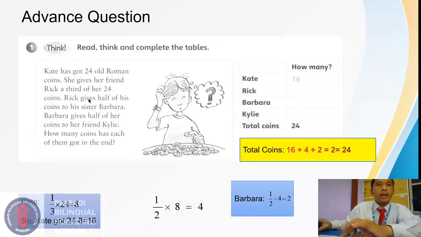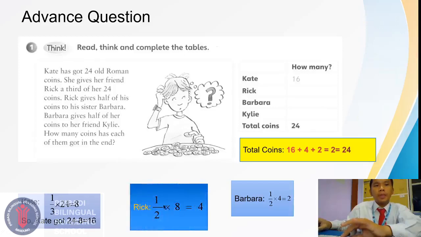Kate gives 8 coins to Rick, but Rick gives half of his coins to his sister Barbara. So the total at the beginning is 8, and he gives half. Half of 8 is 4. And what about Barbara? Barbara gives half of her coins to her friend Kelly.